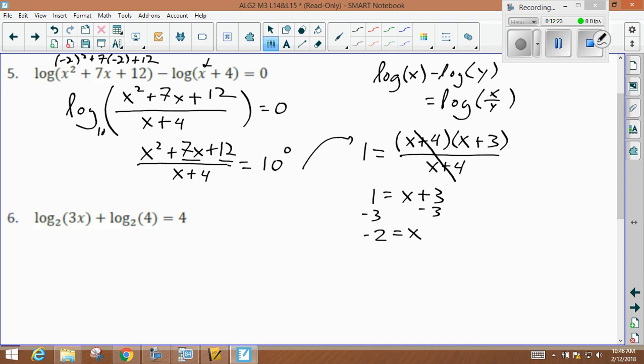Negative 2 plus 4 is 2, right? So then it checks. We said that this is equal to 2, so we're good to go. Is that right? I better double check that. Yes. That was probably about as complicated as they get.